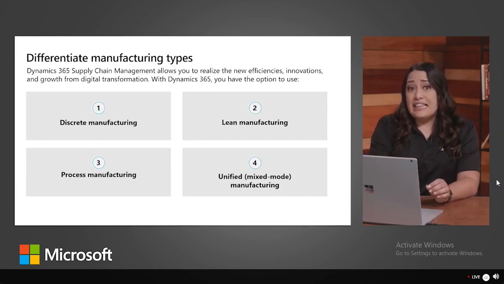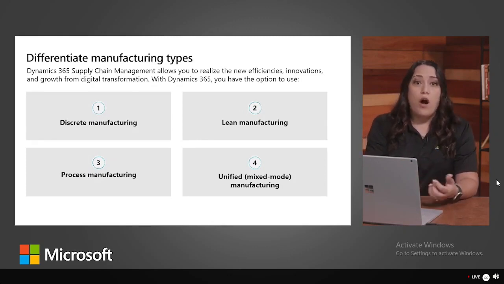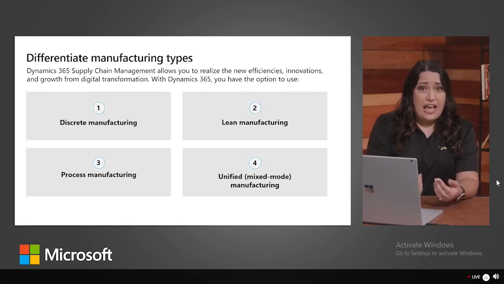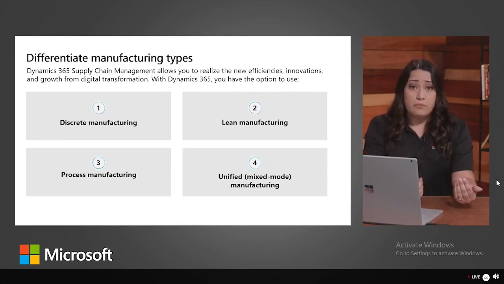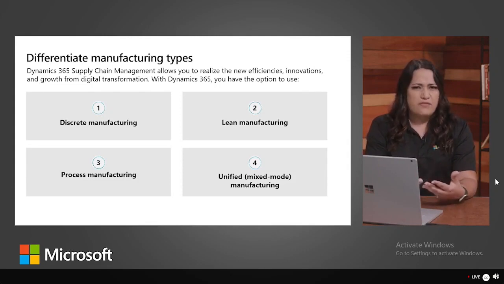So when we say lean thinking, we're trying to think of ways to do more and more with less and less. And this can be used in both discrete manufacturing and process manufacturing, since it's really more of a philosophy rather than a product plan.